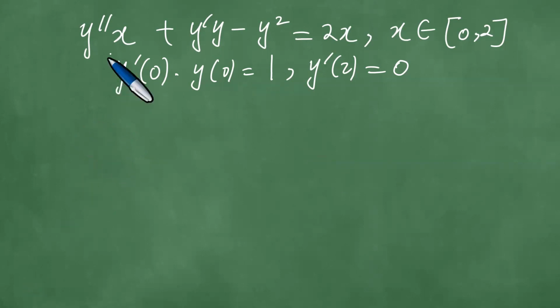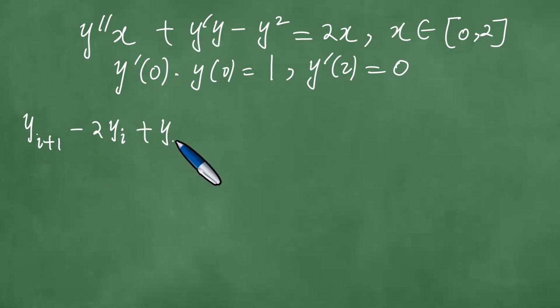For the second derivative, it is going to become y sub i plus 1 minus 2 yi divided by h squared, which is the y double primed.